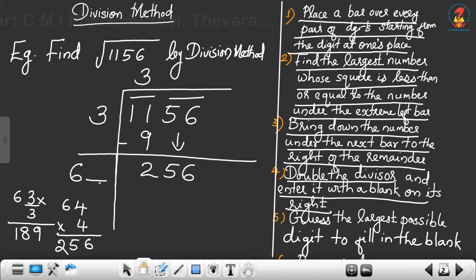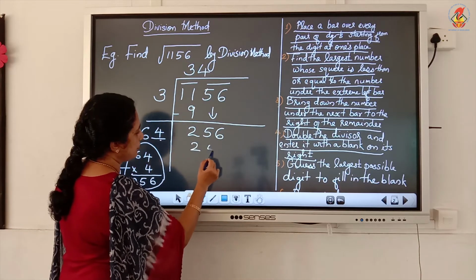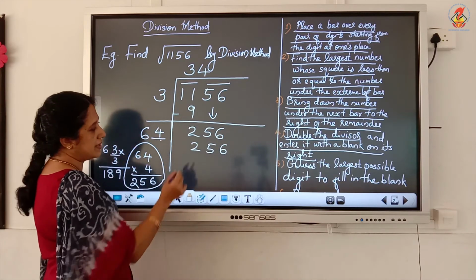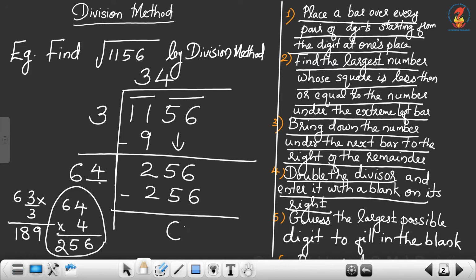So if we write 4 here, then the new digit in the quotient is also 4. Then 64 into 4 is 256. Then find the difference. It is 0.